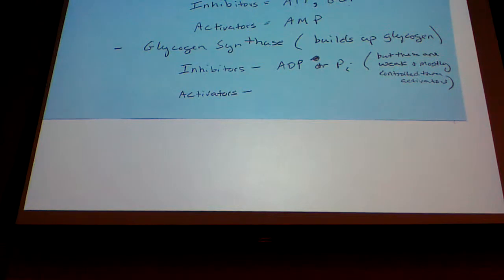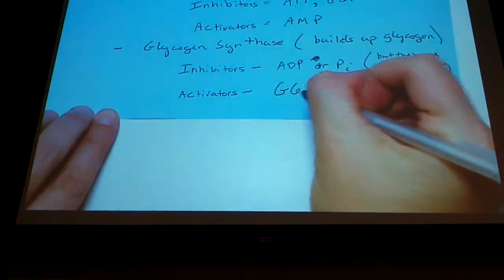What would I have a whole lot of that might tell me I need to synthesize some glycogen? I don't need the glucose, so I'm going to store it for later. You might think ATP, yes, but it's not, but that's good thinking. That's critical thinking. What else? Glucose 6-phosphate. That's the big one.